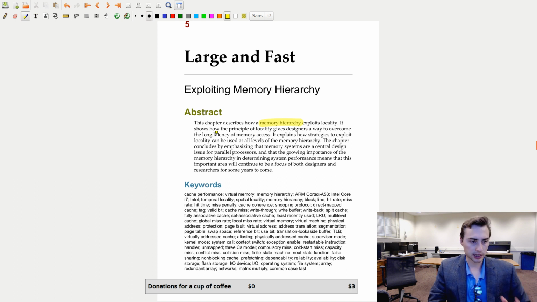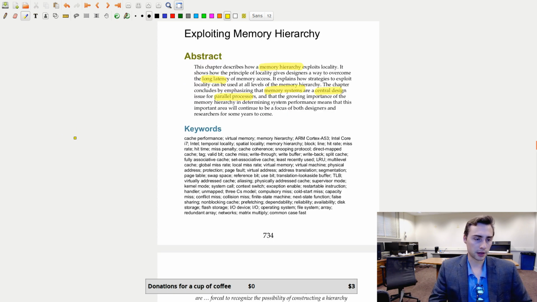So using this idea of locality, we can get over some of the bad things with long latencies of memory accesses, especially to disk. Disk is awful. The chapter concludes by emphasizing the memory systems are a central design issue for parallel processors, and that the growing importance of the memory hierarchy in determining system performance means this area will continue to be the focus of both designers and researchers for years to come, especially because it's so slow.